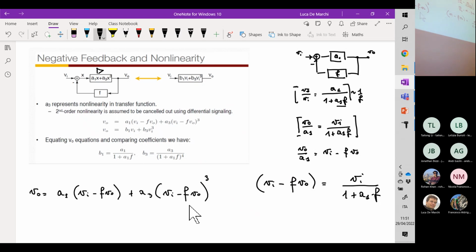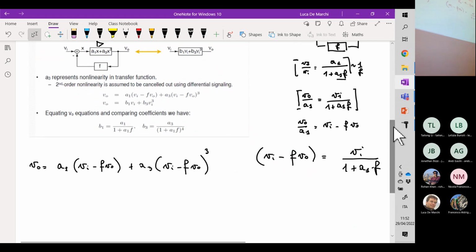Then we can apply this rule to this term, which is the linear one, to rewrite the initial equation in the following way.